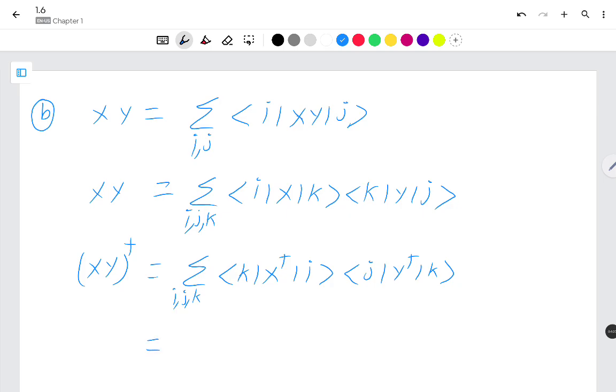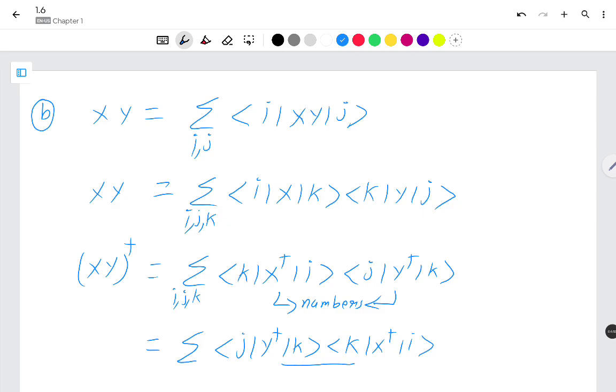Okay, again notice these are just numbers, so I can swap the order. What will we have? Dagger k, k, so then I use this completeness.